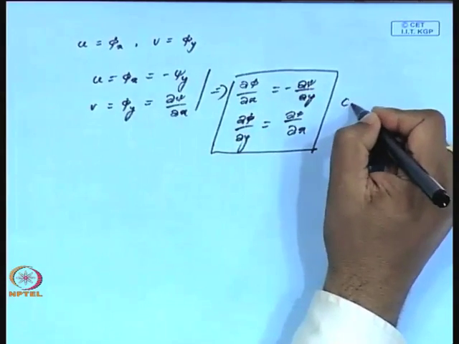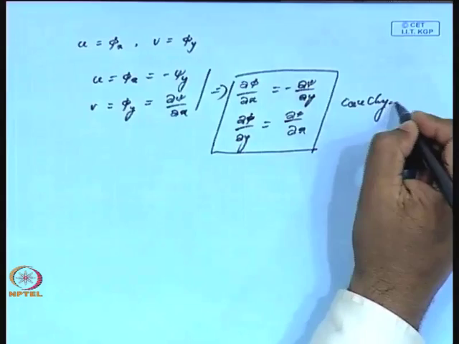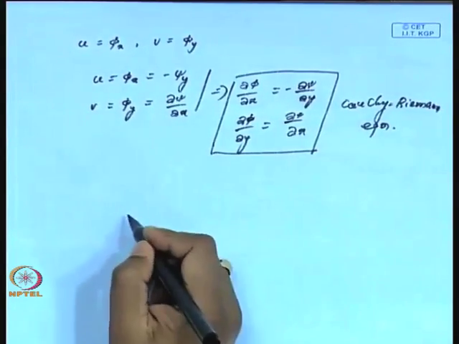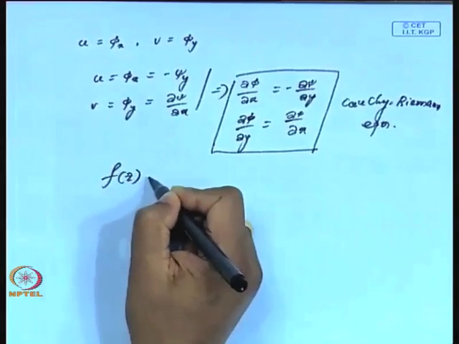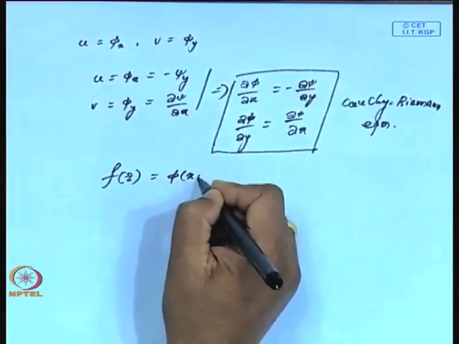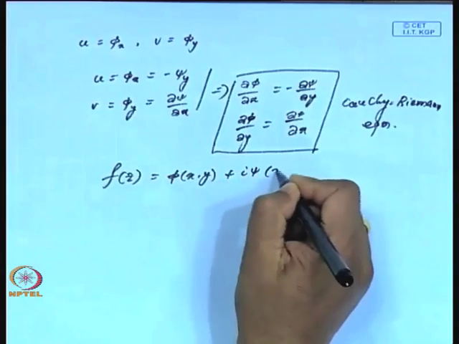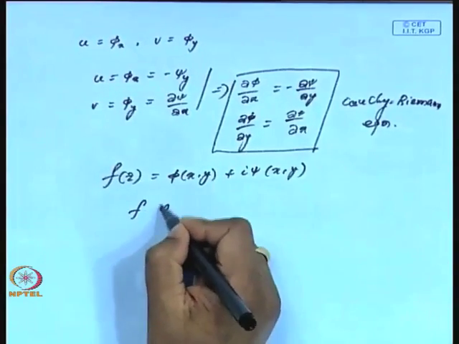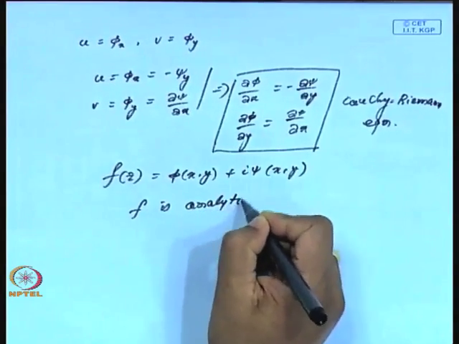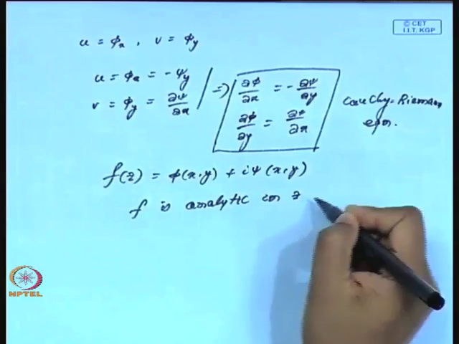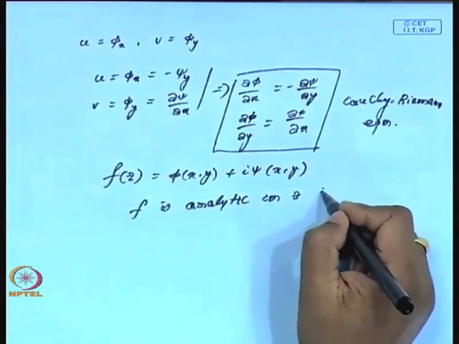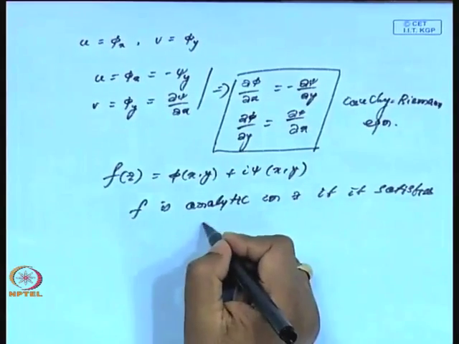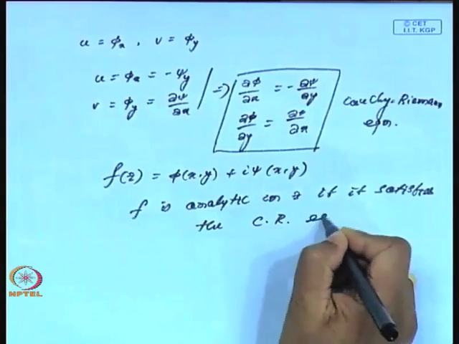Sometimes in complex function theory, this is the Cauchy-Riemann equation. Particularly if f is a function of a complex variable z, that is given as phi x y plus i psi x y, then we say f is analytic in z provided it satisfies the Cauchy-Riemann equation.